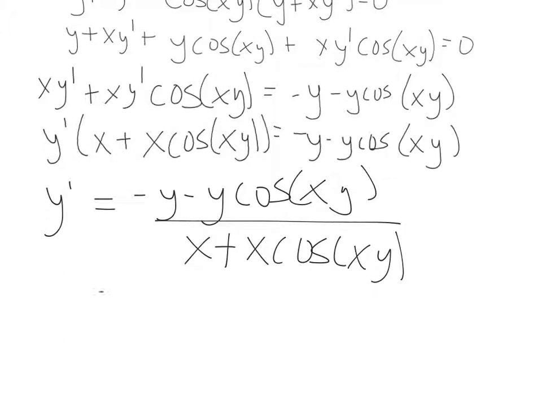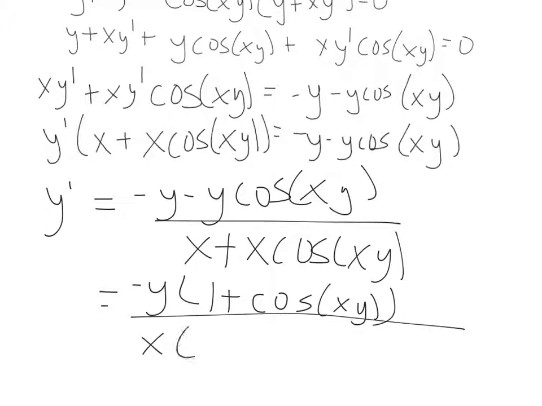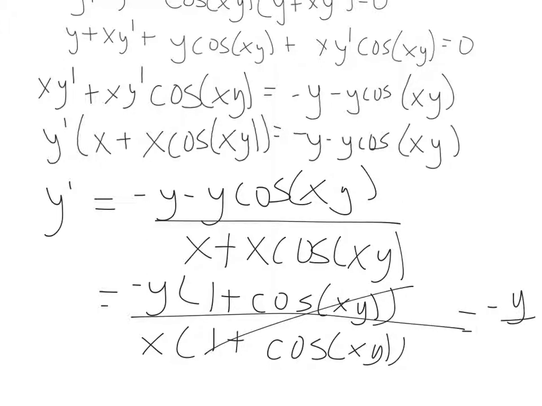They took this one step further and factored out a negative y from the top, leaving us with 1 plus cosine xy. And they took an x down at the bottom, leaving those with 1 plus cosine xy. Crossed those out and left an answer of negative y over x.